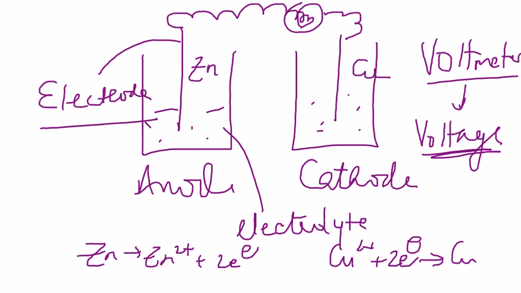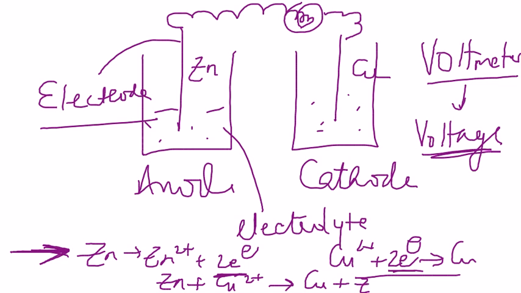But really, it's the ability of an element to go through oxidation, and zinc in general will have a tendency to go through oxidation better than copper. Overall, if you notice, we have two electrons that are being lost, two electrons that are being gained. So those two electrons are going to get cancelled. Your overall reaction is that zinc plus copper 2 plus gives you copper metal plus zinc ions.